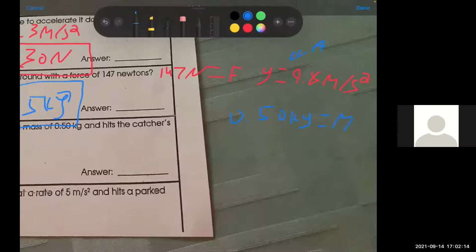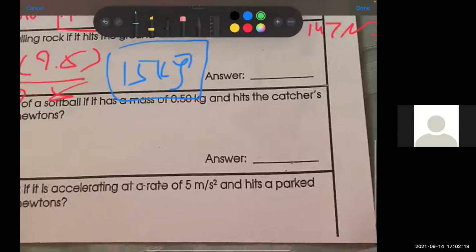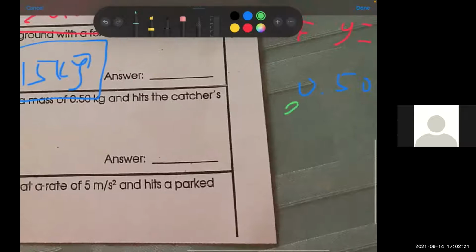That will be our mass. The other one, 25 newtons, that'd be the force.